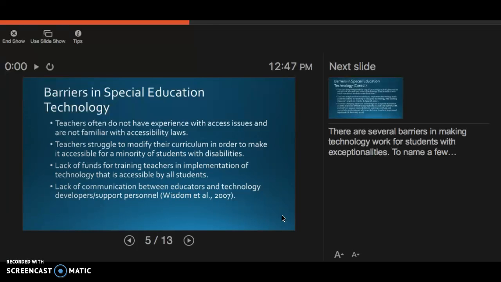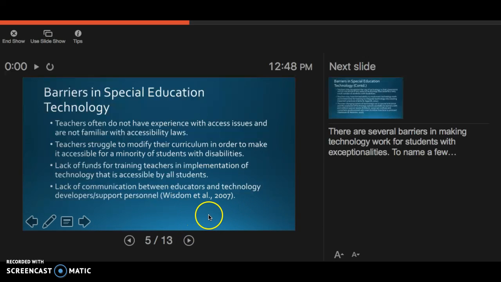Most often, students with disabilities are very few in academic classrooms, and teachers just struggle to modify their content. Lack of funds for training teachers and implementation of technology that is accessible by all students. Lack of communication between educators and technology developers and support personnel. And that is, according to me, one of the key reasons why it just doesn't work.